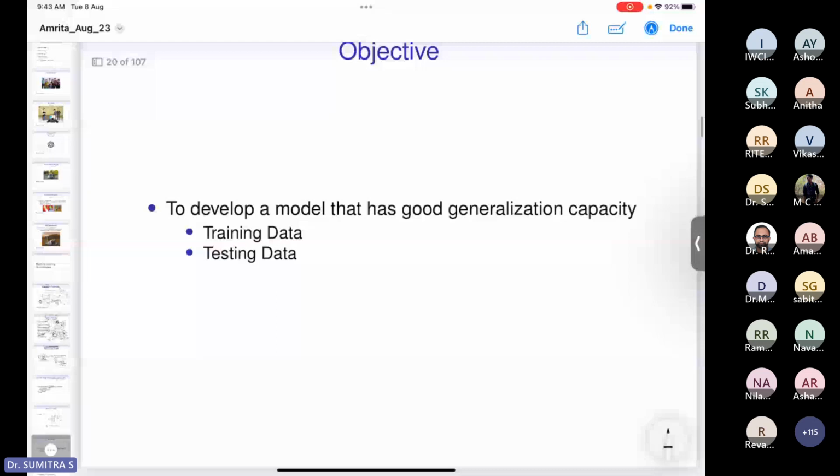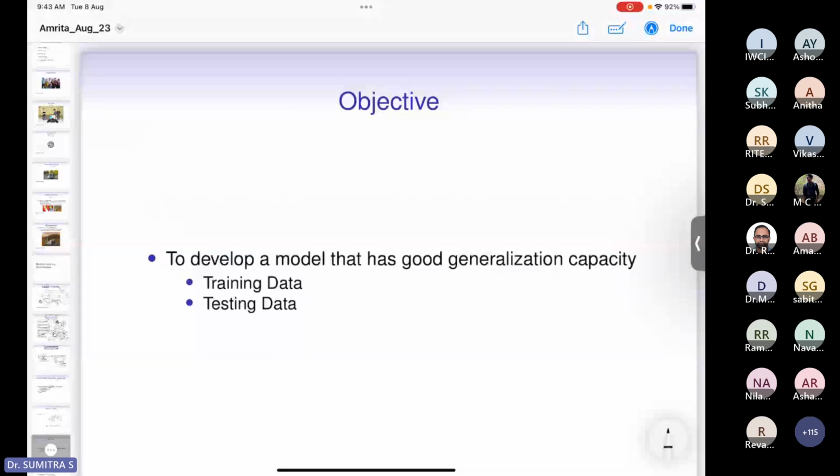Now, what is the objective? The objective is that we will be given training data, as we have seen in the first example.